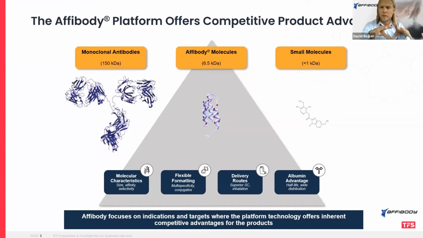Just for everyone's understanding, Affibody is a clinical stage biotech which works based on our proprietary technology platform, which we call the Affibody platform. Our idea is really that we're looking for places and spaces, in this case indications and targets, where we think our platform can offer an inherent competitive advantage versus existing technologies.